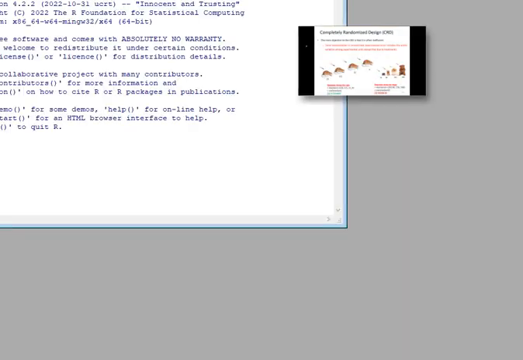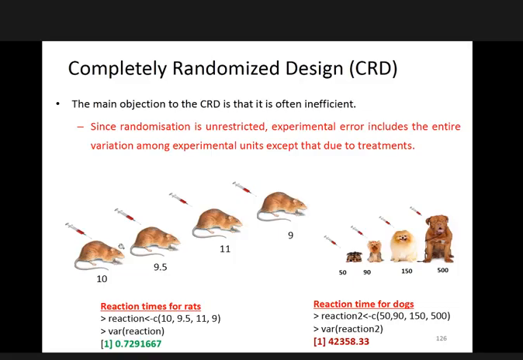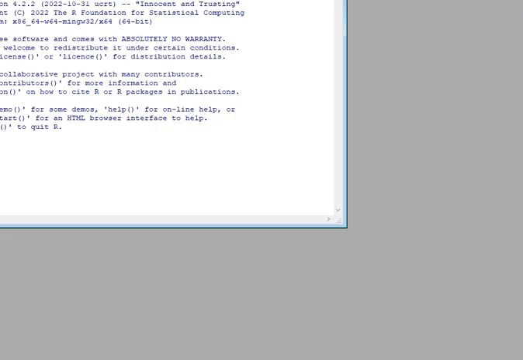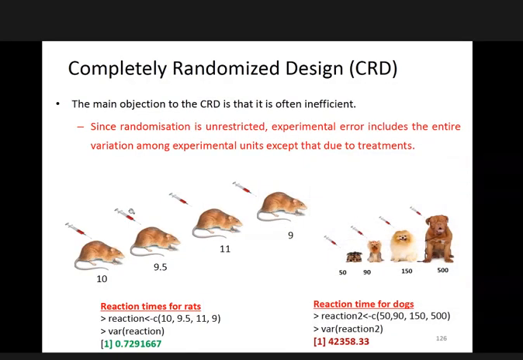Okay. So if you look at these rats here, you can see that the rats are similar, and they have a similar color. Once we give the treatment to each of the rats, we are going to observe that there is going to be some variation in the measurement that is done.